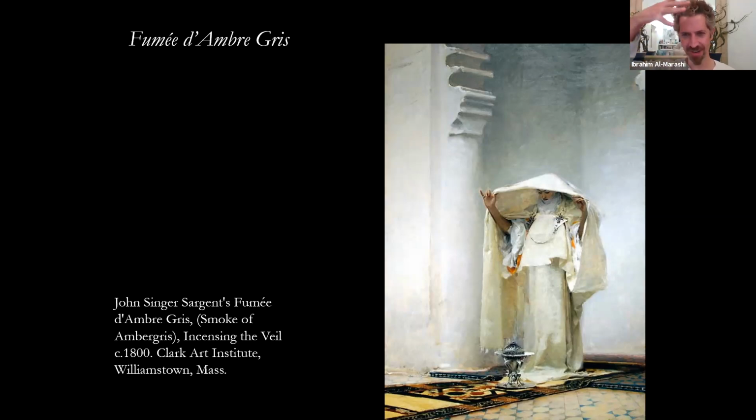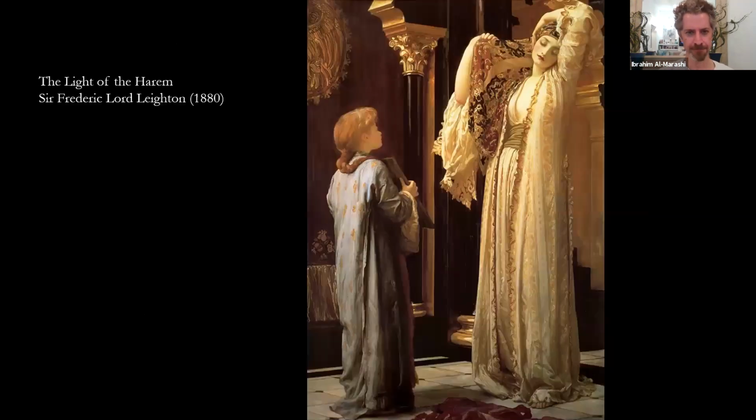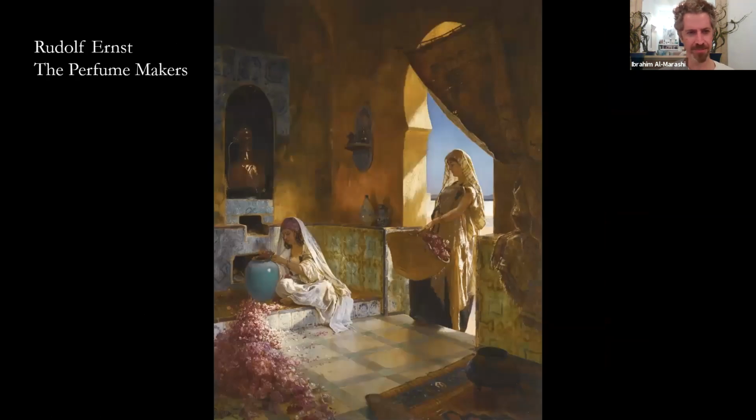The incense is burning, and she's taking these scents into her outfit. This would be a Berber woman. The light of the harem, kind of similar themes here. The perfume makers, an Orientalist painting, but with a bit of different themes.